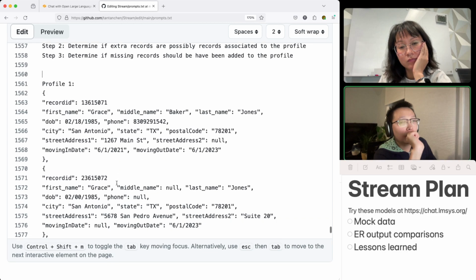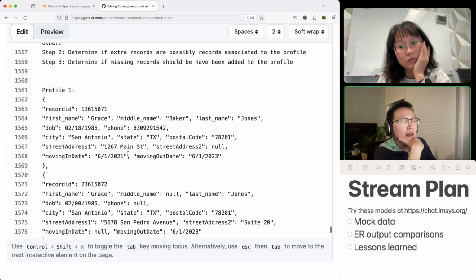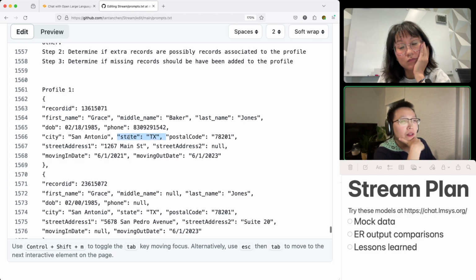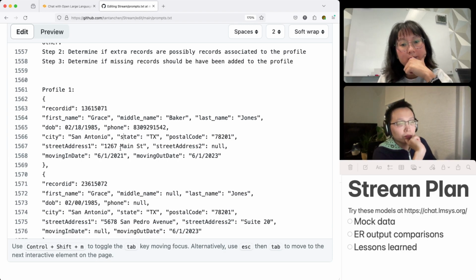And I also wanted to play around with it a little bit and see if changing the order of the fields would matter. Because remember how we were trying to get rid of the whole city equals any town.